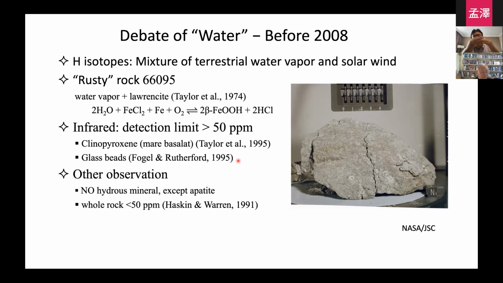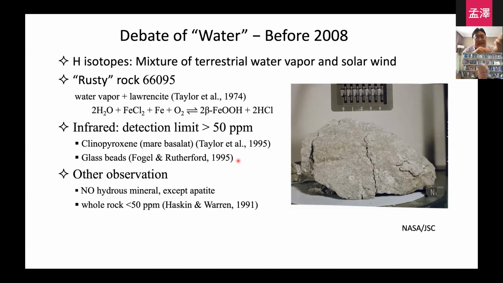Just after the Apollo missions, or even during the Apollo missions, lots of lunar materials were analyzed for hydrogen isotopes, especially some samples analyzed at Caltech. We see that the hydrogen isotopes in these lunar materials are a mixture of terrestrial water vapor and the solar wind.